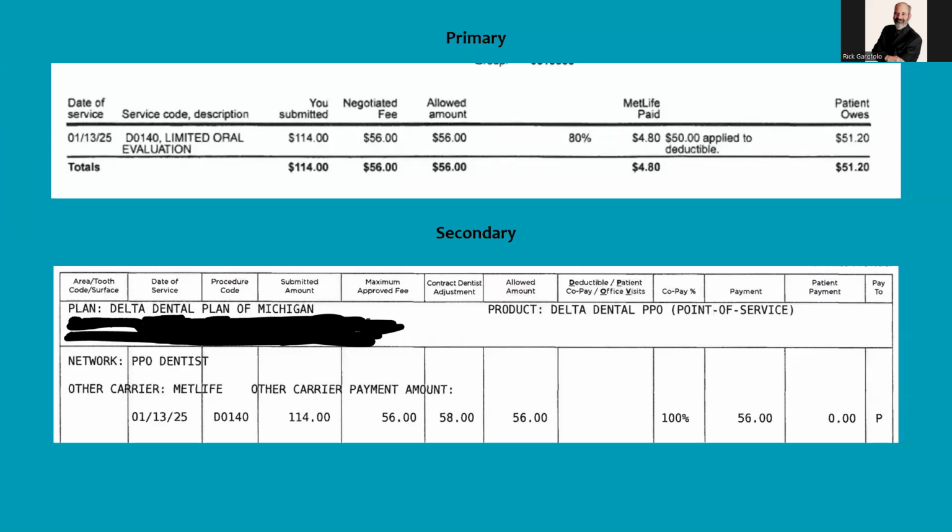Someone else asked, is there a situation when the insurance holder is responsible for the balance, I'm assuming, rather than the parent who brings the child? Not in my office, no. Whoever signed the financial agreement is the one who's responsible for the balance. If they have a court order that says parent B must pay for insurance and cover any co-insurances, deductibles, etc., then they are responsible.